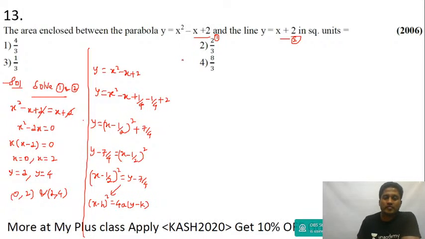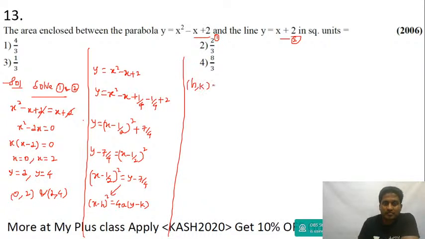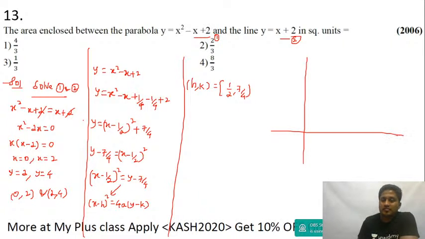So I get h comma k is equal to half comma 7 by 4. So you get an upward parabola, guys, a parabola like this.